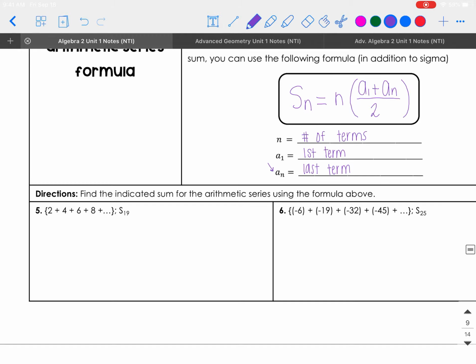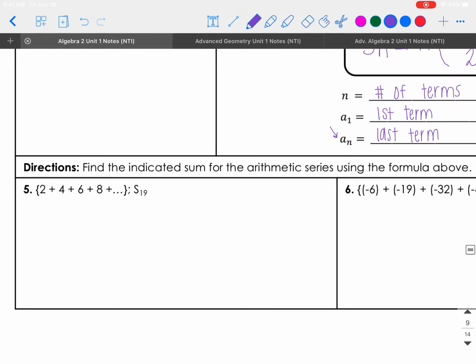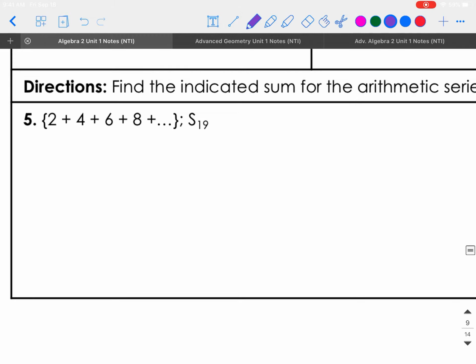All right, let's look at number 5. And I'm going to go to the side and I'm going to write out n equals. All right, what is n? N is the number of terms that I am adding together. So based on this information, what is n?